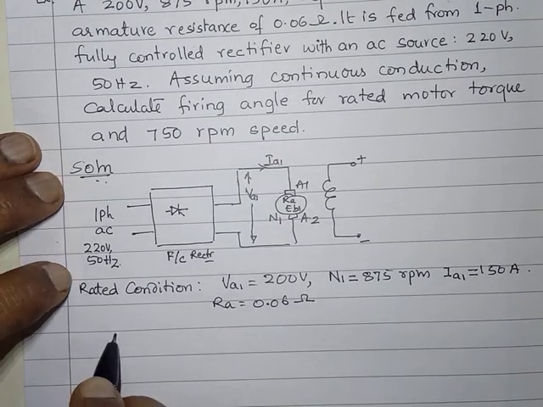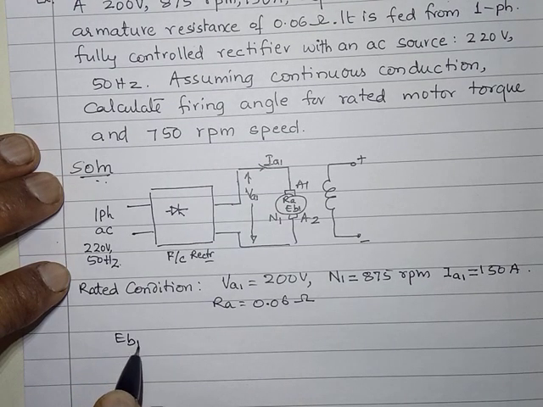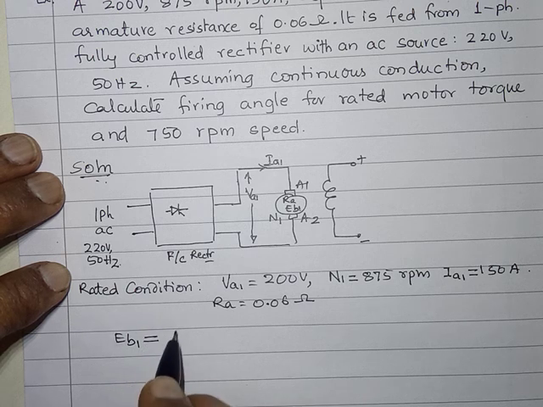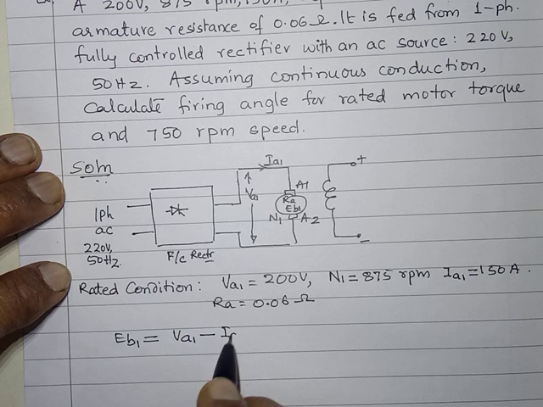So I will now find first the back EMF corresponding to the rated condition, which is simply VA1 minus IA1 RA.